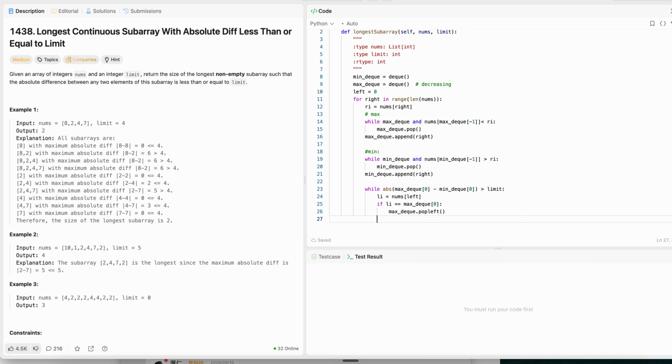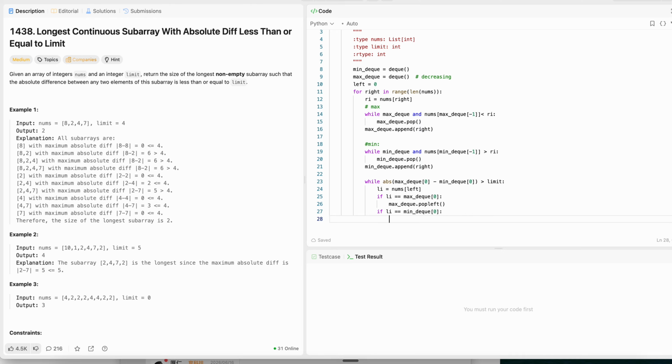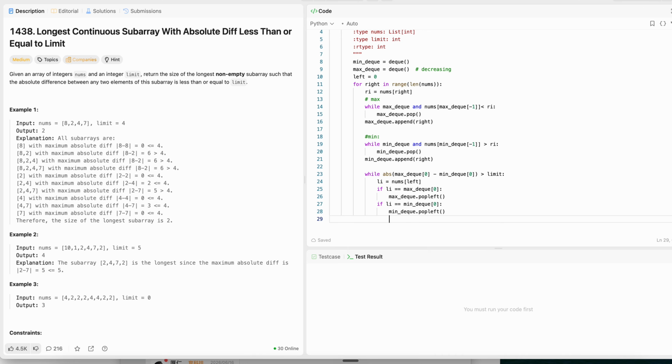And if this is equal to the min deque's front, then we need to pop left as well.